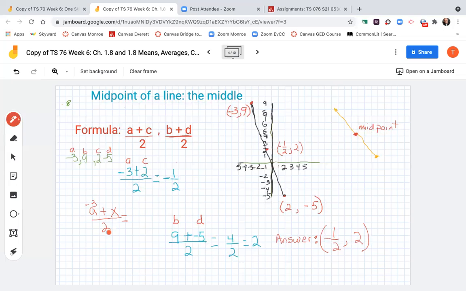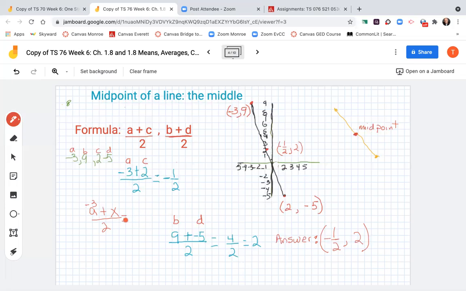We got to figure out, okay, because they're going to give you the mid coordinates. So you'll know what the answer is supposed to be right here. You'll know this answer right here because they give you the first and the second coordinates, okay? And the first coordinate is supposed to be right here, okay?